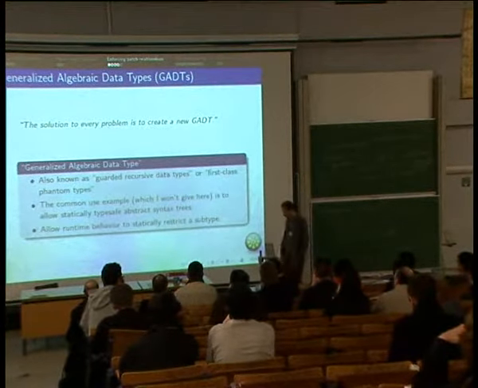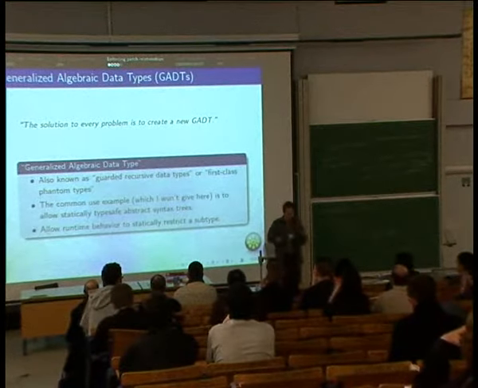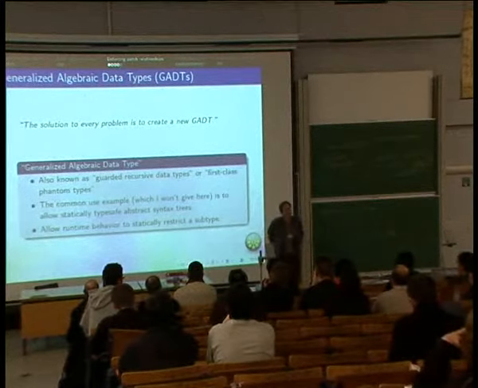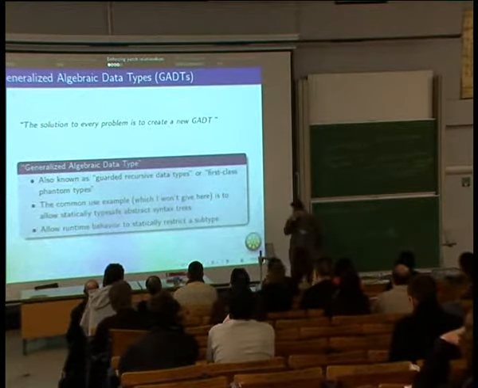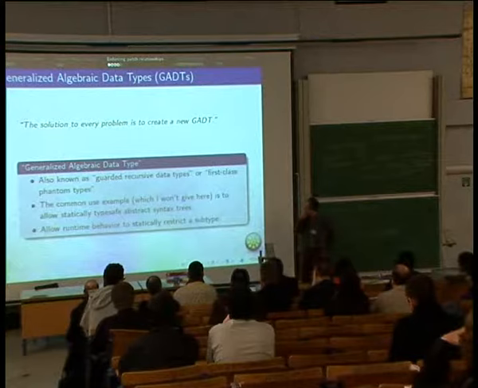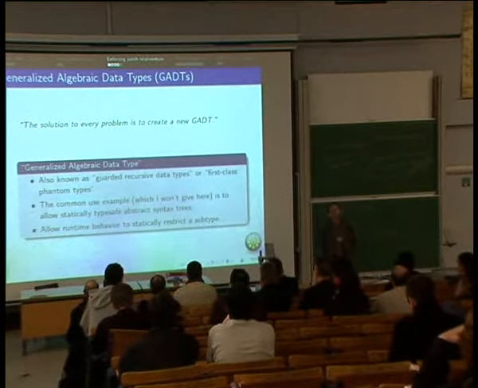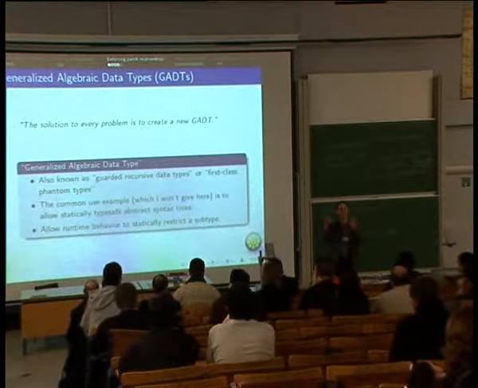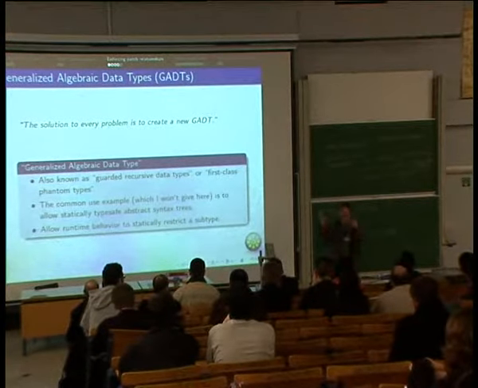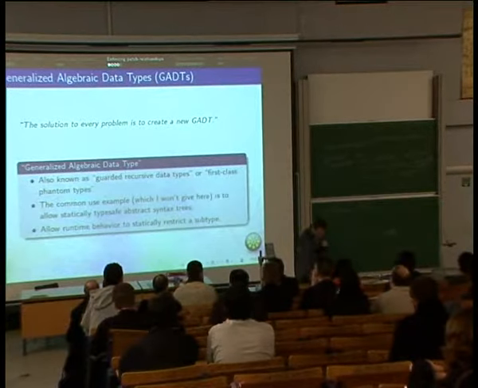The generalized algebraic data types allow you to restrict the type of an object at runtime and have that be statically checked, which I'll show you in a bit. The common example for generalized algebraic data types is for representing an abstract syntax tree, in which certain parts of that tree may have a different type from others, and you can get very strong type checking this way.